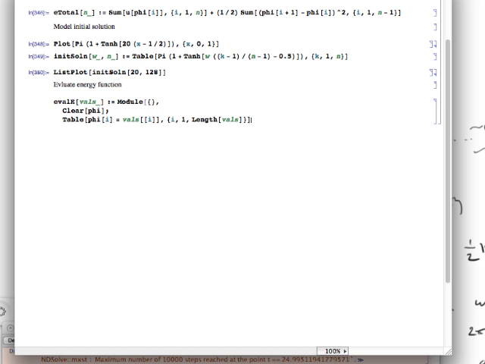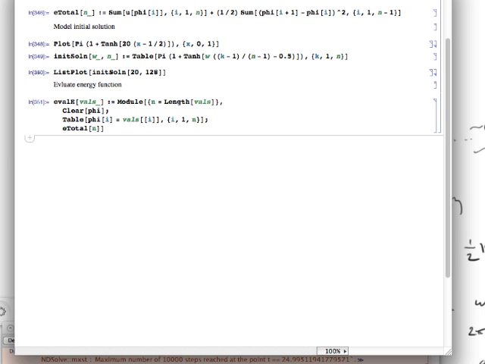We don't have to know what n is here, just the length of the vals will tell us how far out to run this table, and all that the table does is make the assignment of the ith value of the vals array as the ith value of the function phi. And then, having done that, we just call e total with the n, which is the length of the vals. And actually I could have done it like this, now that I think about it, making myself a little internal variable n, like that.